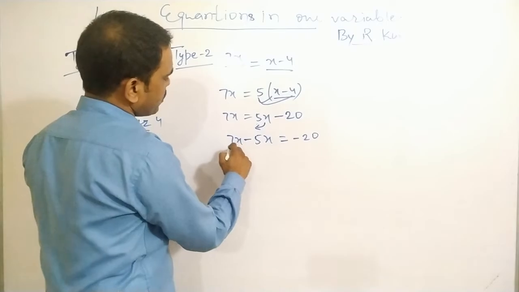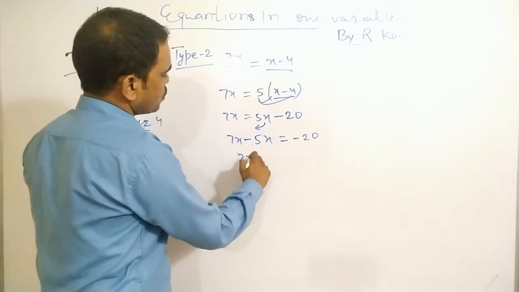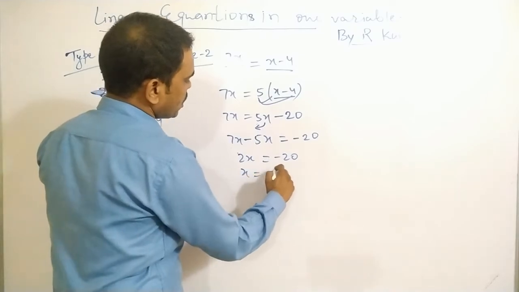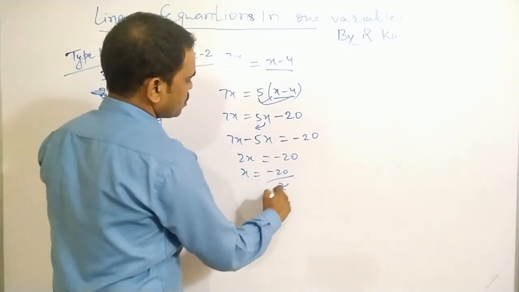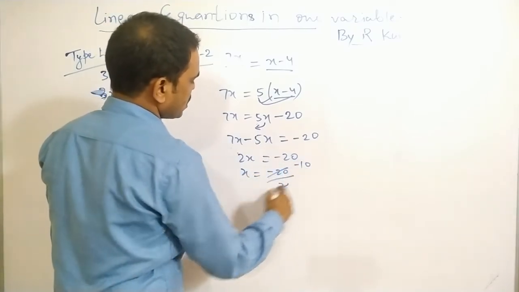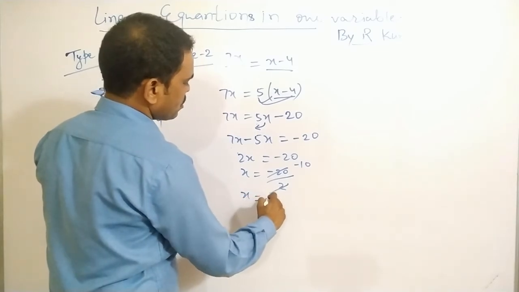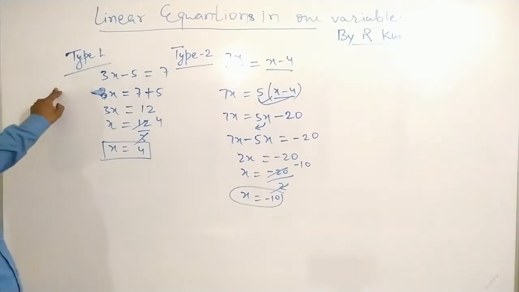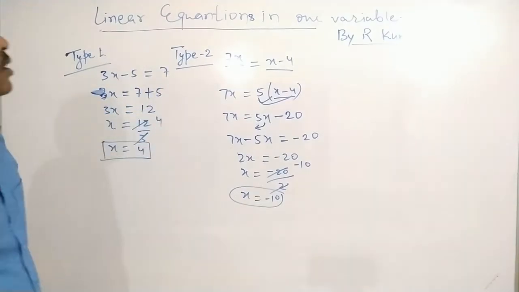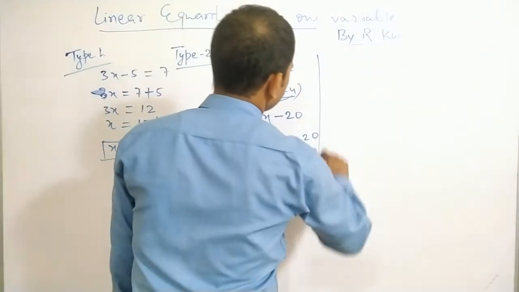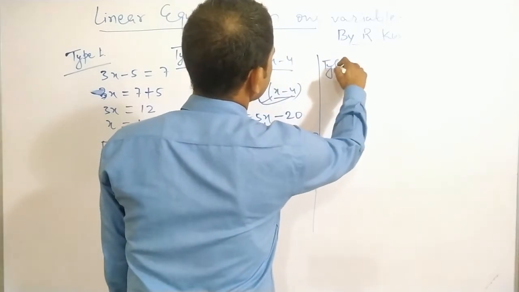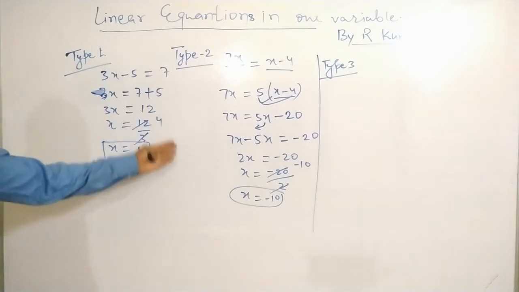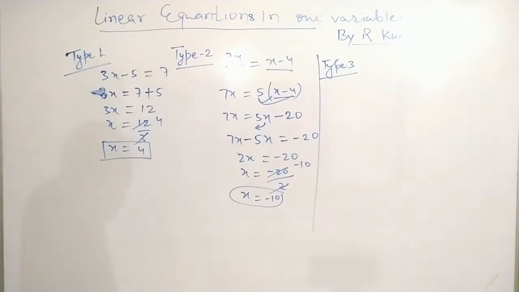Now 7x minus 5x will be 2x equals minus 20, and x will be minus 20 by 2. When you cancel it will be minus 10. So x is minus 10 now. Type 1 we have seen, type 2 now, going to do type 3. I hope everybody understood this.